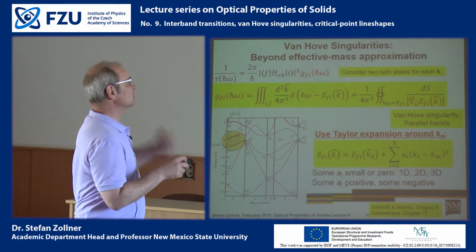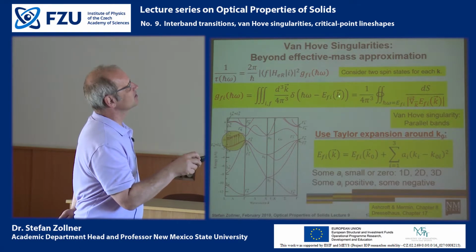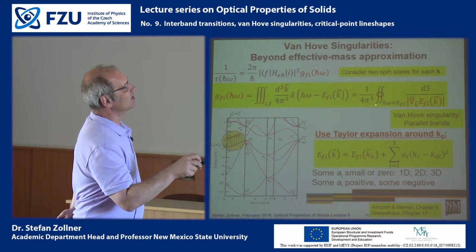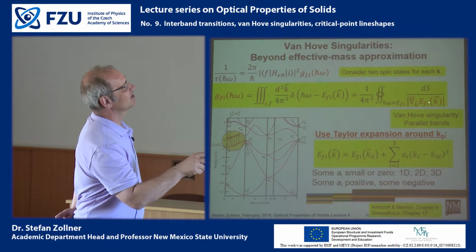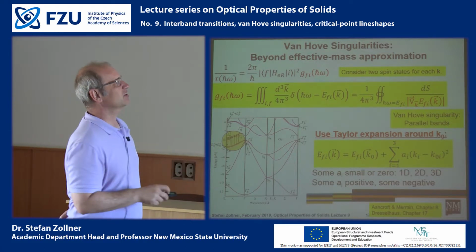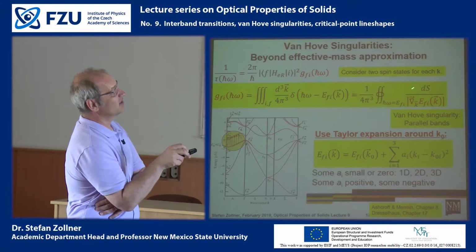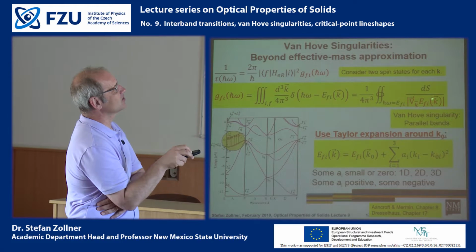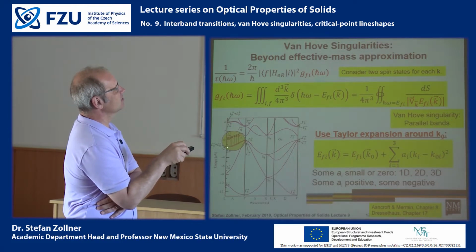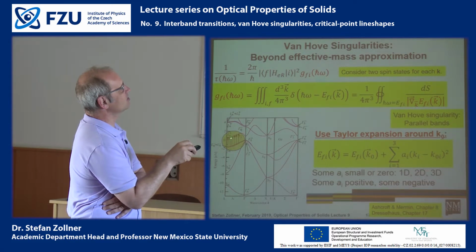So here we can convert this volume integral over a delta function into a surface integral over the derivative of the energy difference between the final and initial state. And this is a gradient in K-space. So let's look at the meaning of this derivative for a moment. This is the initial state, and this is the final state.